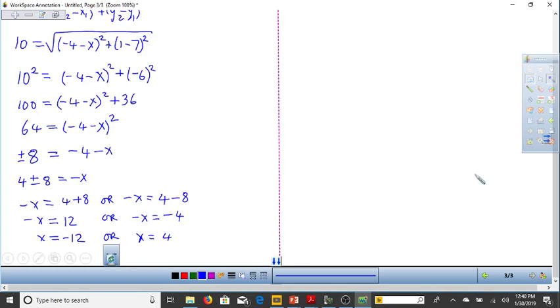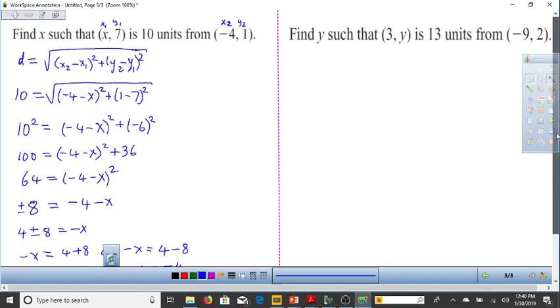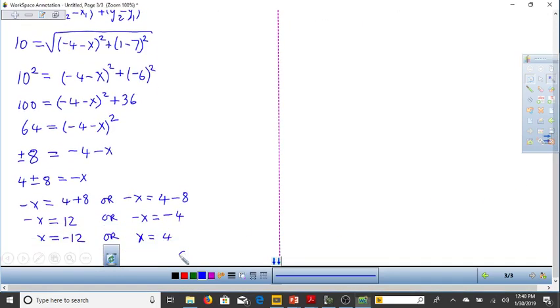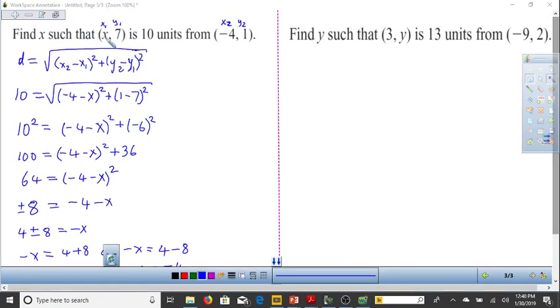I'll leave you to check that. So the possible answers for x are negative 12 and 4. That means the x coordinate of this point could either be negative 12 or 4, and that will make it 10 units away from this point that is indicated. Very simple.